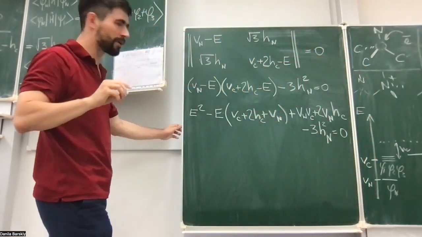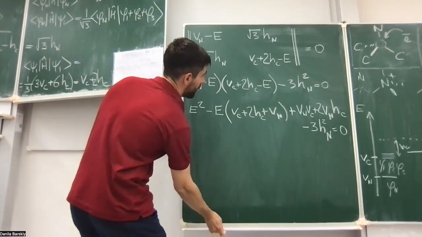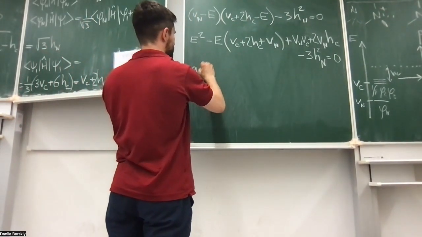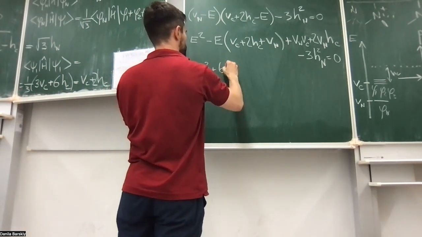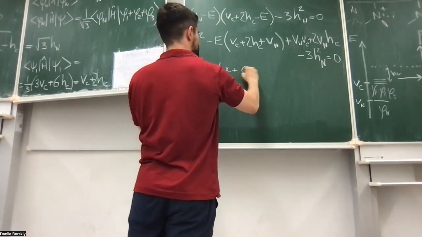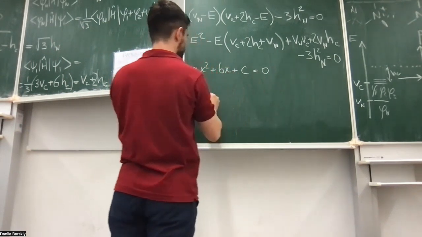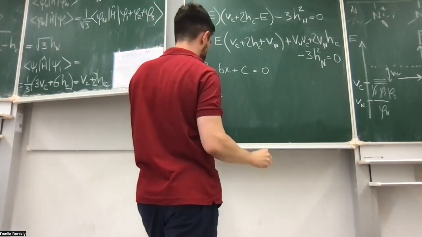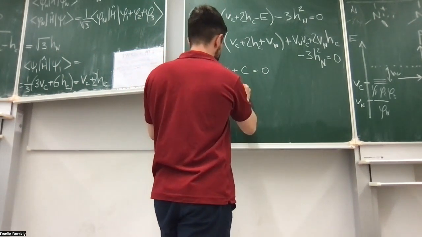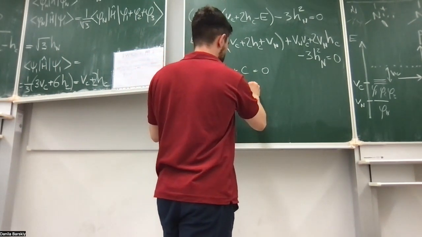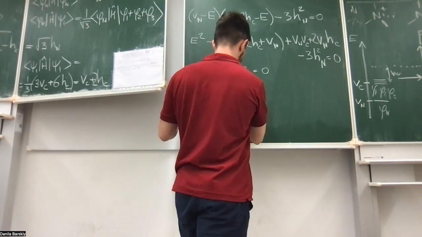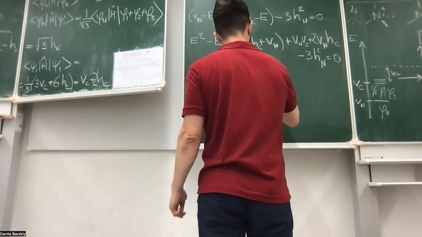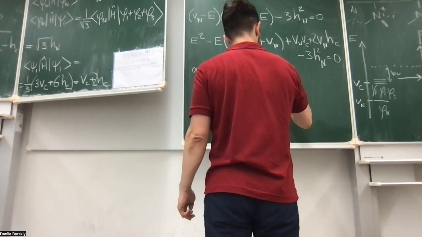How do we solve the equation? So if we have ax squared plus bx plus c equal to 0, how do we find x1? I always forget. It's minus b plus minus square root, over 2a, b squared minus 4ac, right?